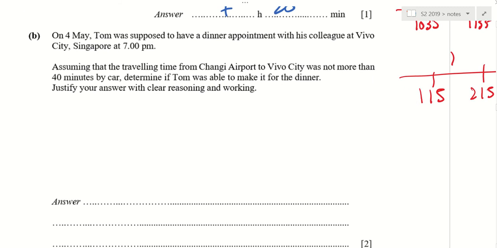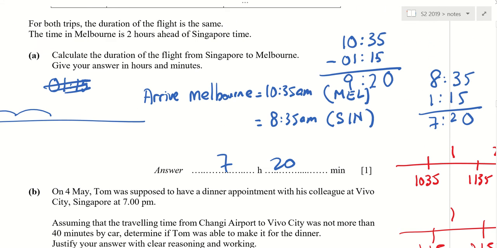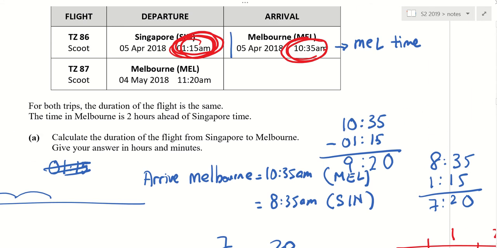B. On 4th of May, Tom is supposed to have a dinner appointment at 7 o'clock. Assuming the travelling time from this is not more than 40 minutes, determine if he's able to make it back for dinner. So first, I must know what time he arrives back in Singapore.